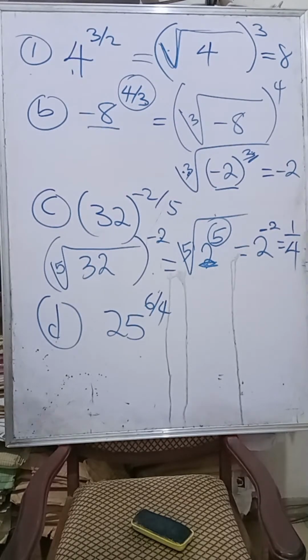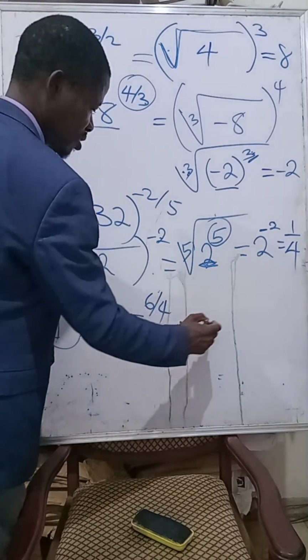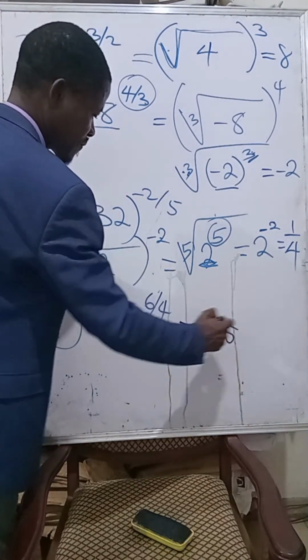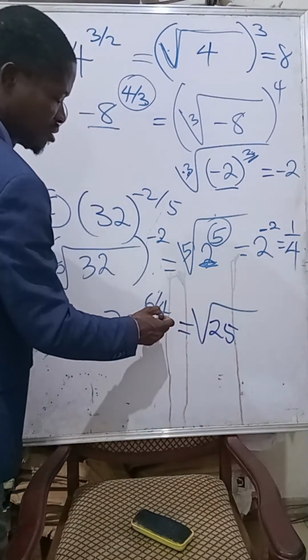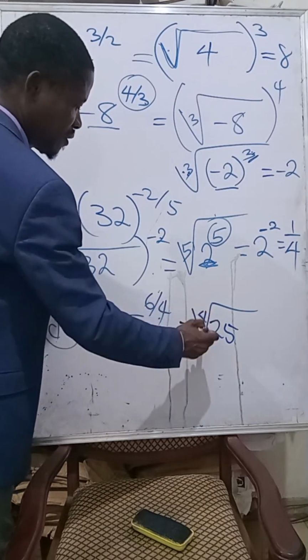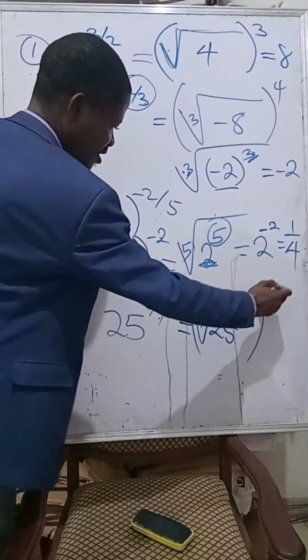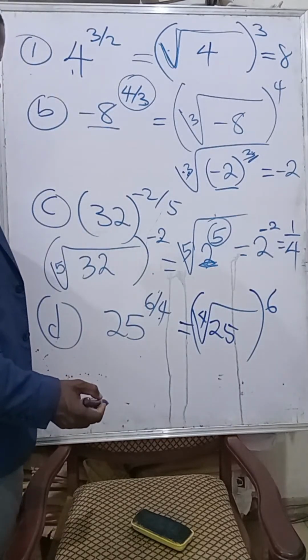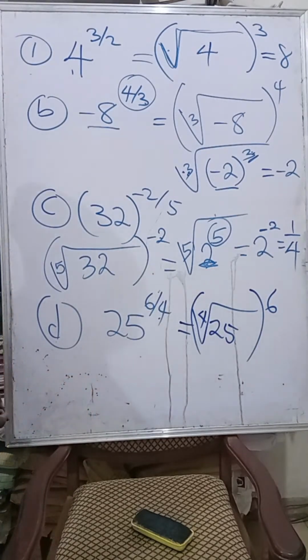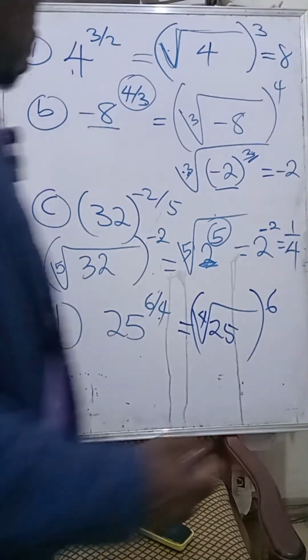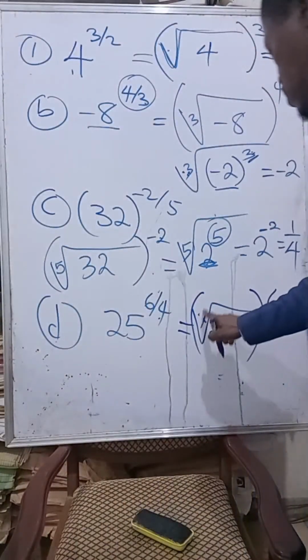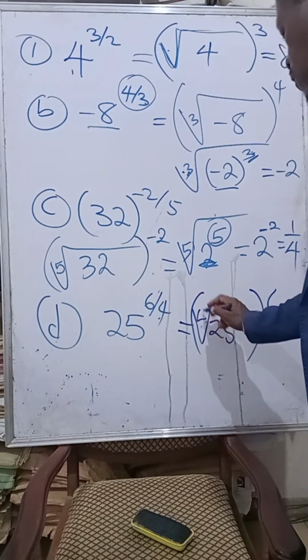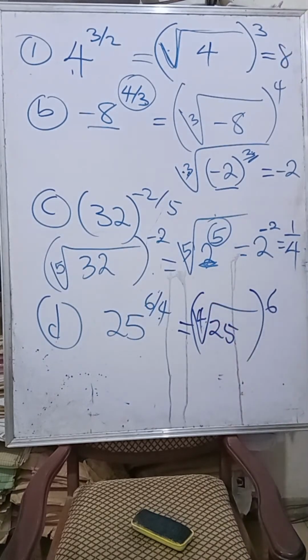Forward that. So this one will be equal to 25. The denominator of the exponent will be the index, that's 4, and then power 6. So this is power 4, this is 4, power 6. Let me check that. I think there is a problem, because there's no way except to make this one.